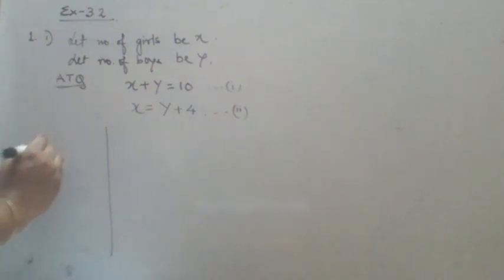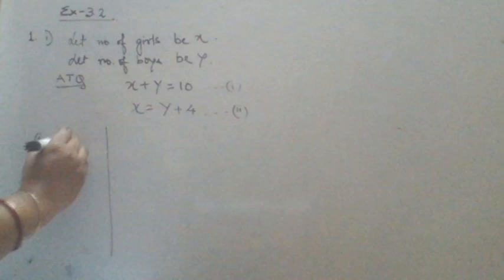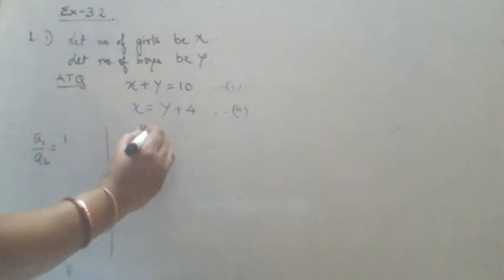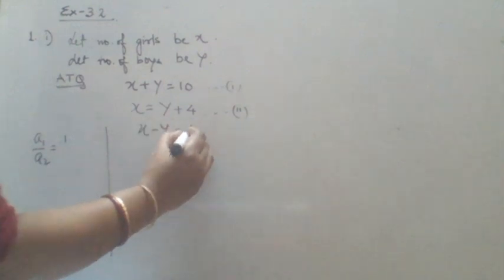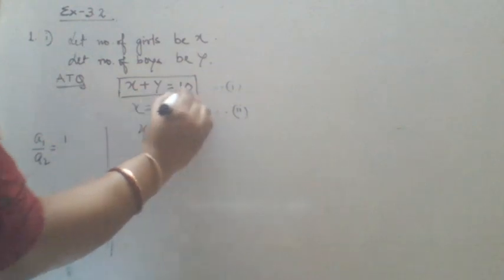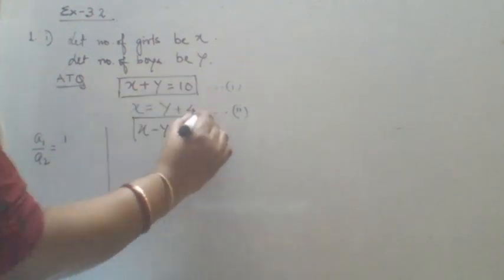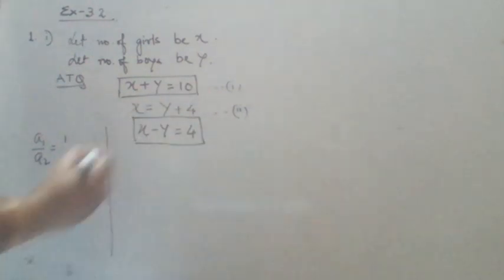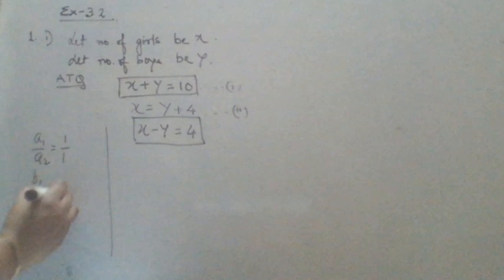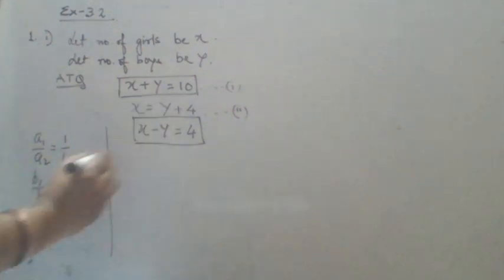See, a1 upon a2 is equal to 1 upon 1, for this equation x plus y equal to 10, and this one you write as x minus y equal to 4. So a1 upon a2 is 1 upon 1 and b1 upon b2 is equal to 1 upon minus 1.